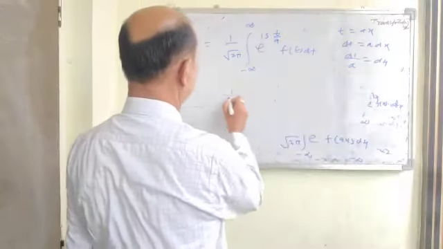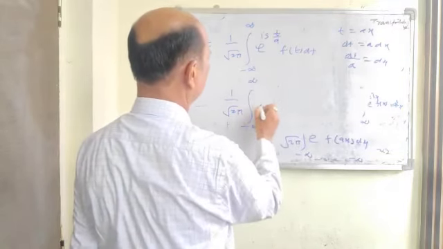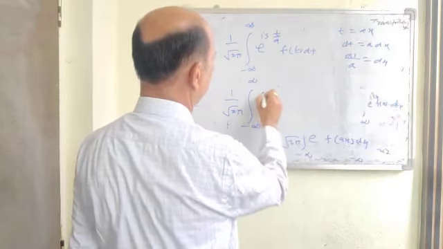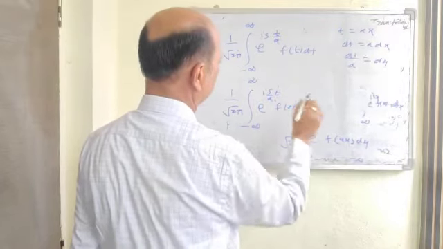Or this can be written as 1 upon root 2 pi integration from minus infinity to infinity e to the power i (s by a) t f of t dt.